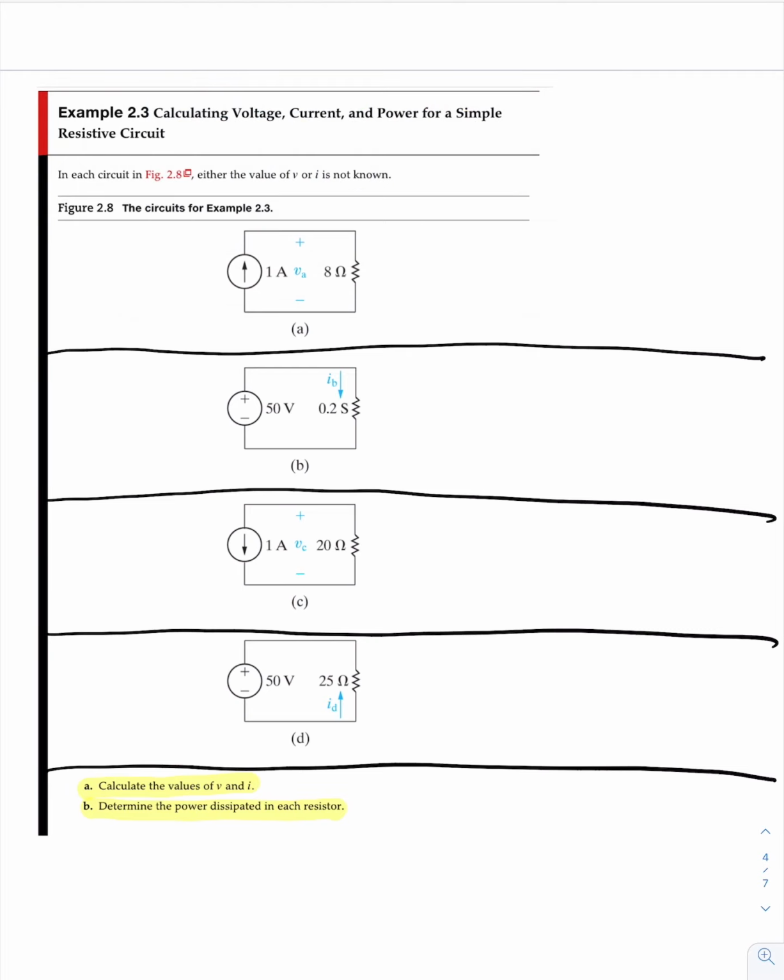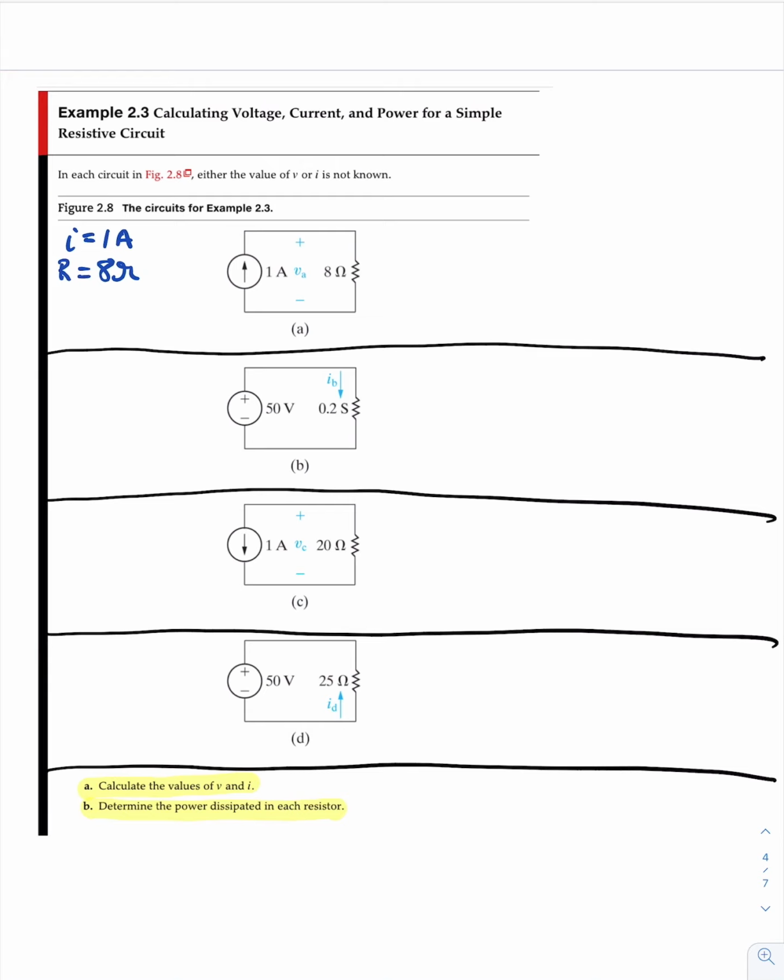So, in our first circuit, we are given current and the resistance. So we know that the current is equal to 1 amp and resistance is equal to 8 ohms.